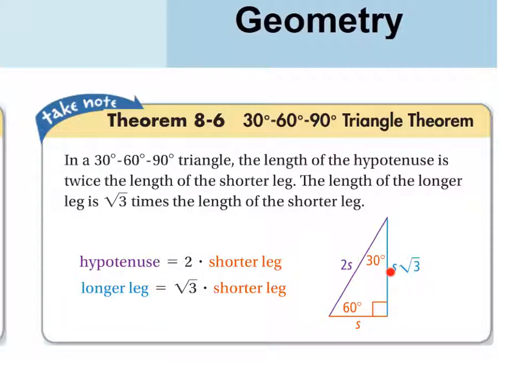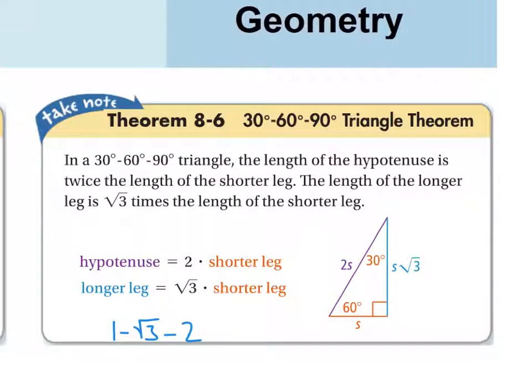So, same concept as yesterday as far as multiplying by something, but there's now two different things you need to remember. A shortcut way to remember this, just like yesterday I told you 1, square root of 2, today I'm going to tell you it's 1, square root of 3, 2. 1, square root of 3, 2.